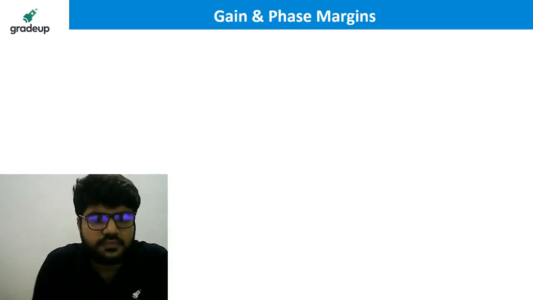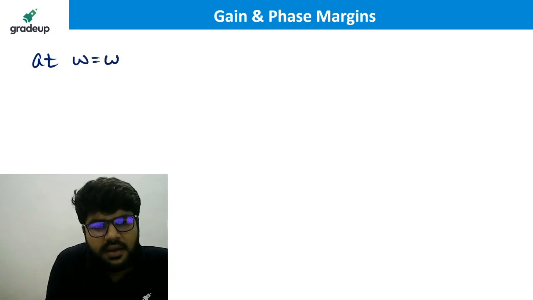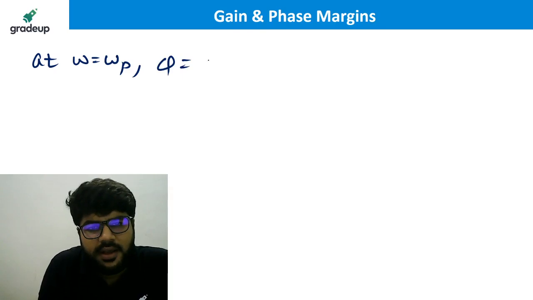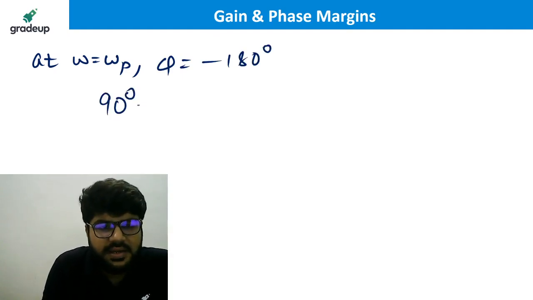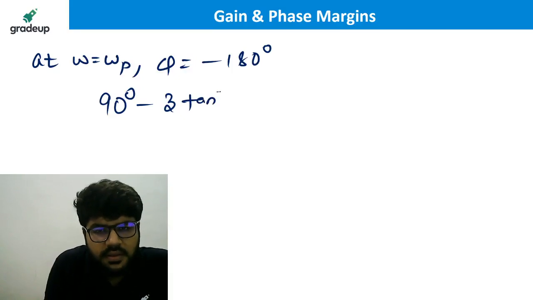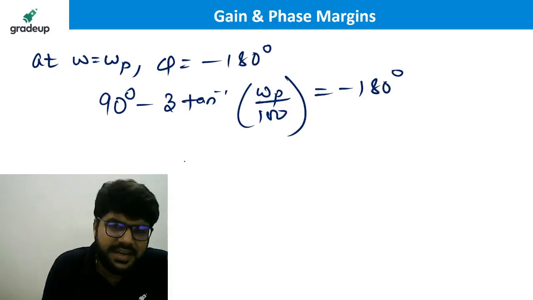Now at ω equal to ω_p, the phase has to be equated to minus 180 degrees. So 90 minus 3 tan inverse ω_p by 100 is minus 180 degrees.